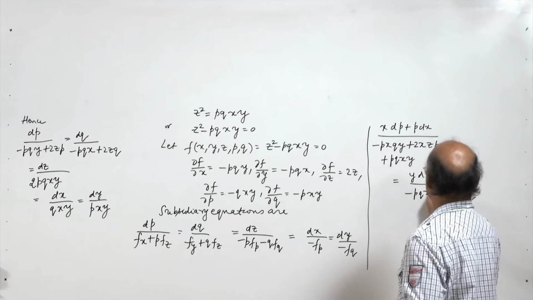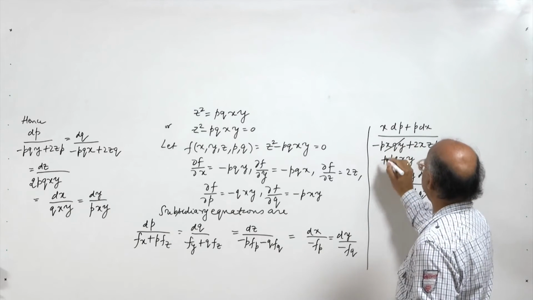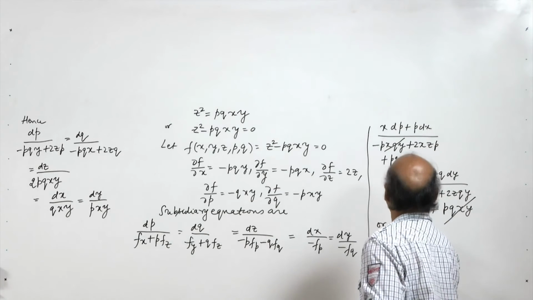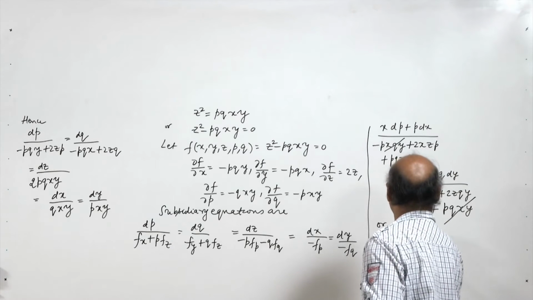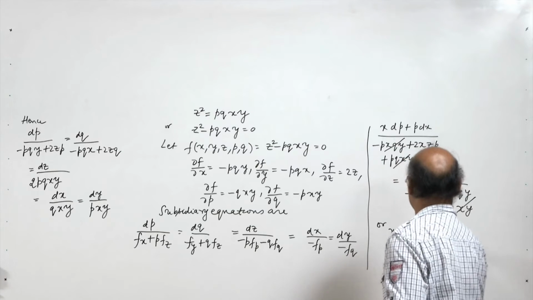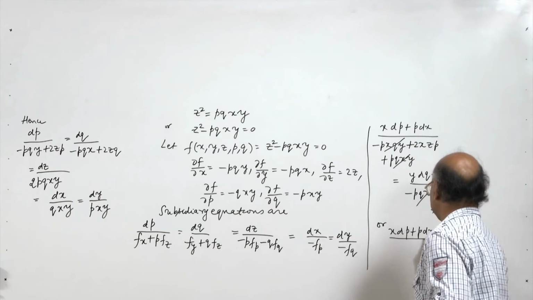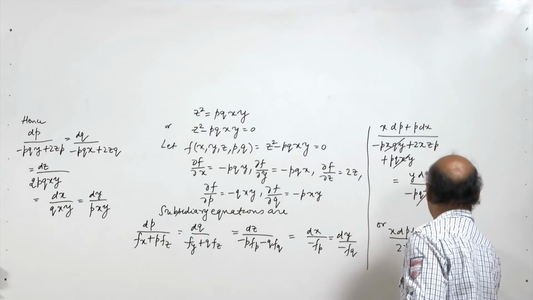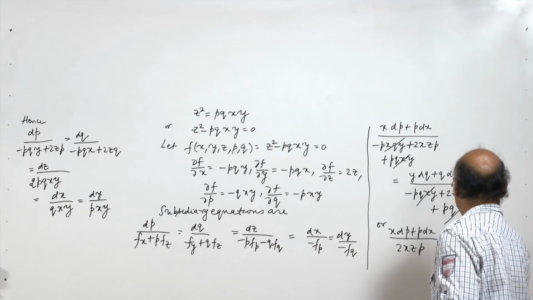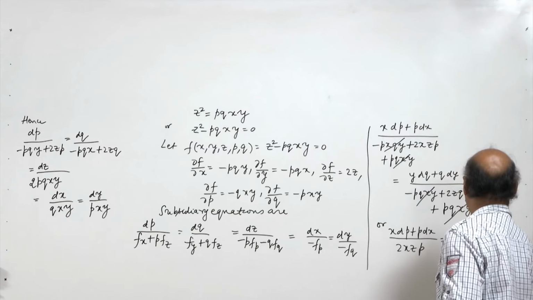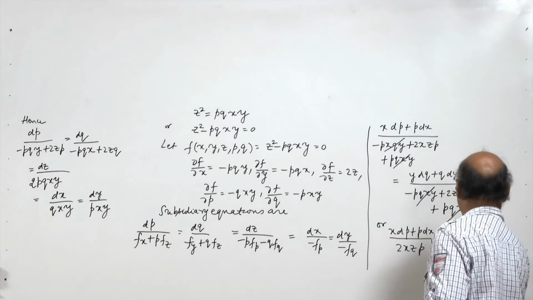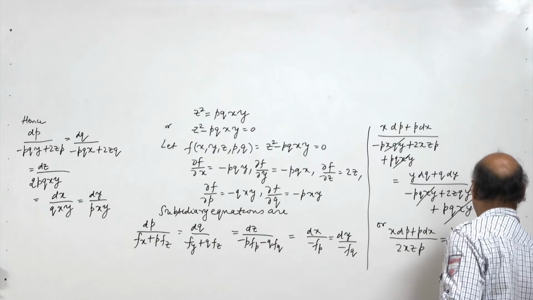So this pqxy will cancel with this, and we have (x dp plus p dx) divided by 2xzp equal to (y dq plus q dy) divided by 2zqy.